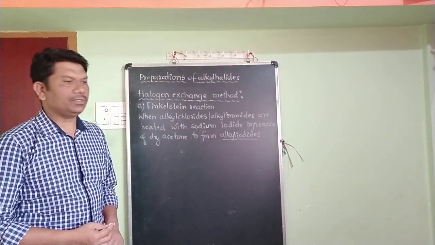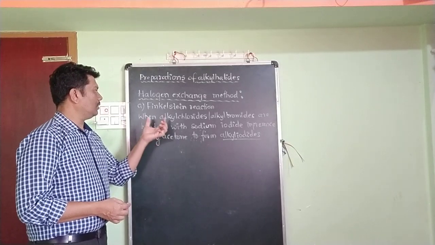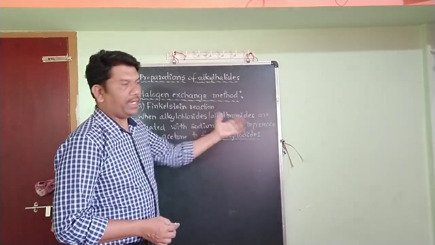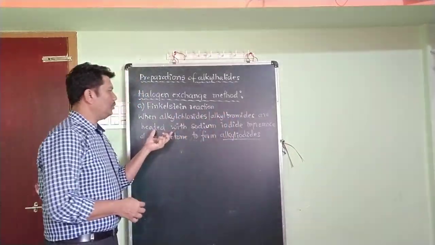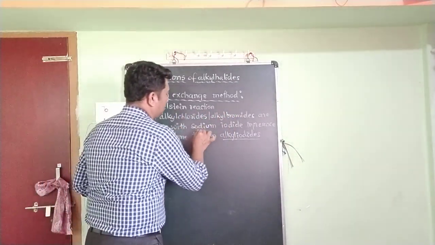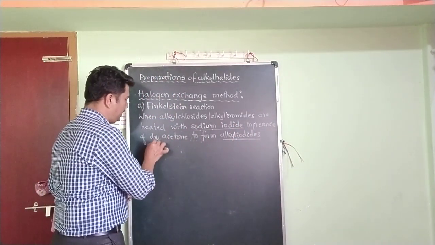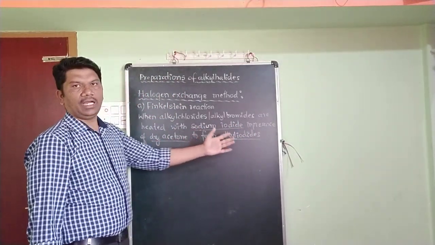This is the statement of the Finkelstein reaction. So, when alkyl chlorides or alkyl bromides are heated with sodium iodide in presence of dry acetone to form alkyl iodide.